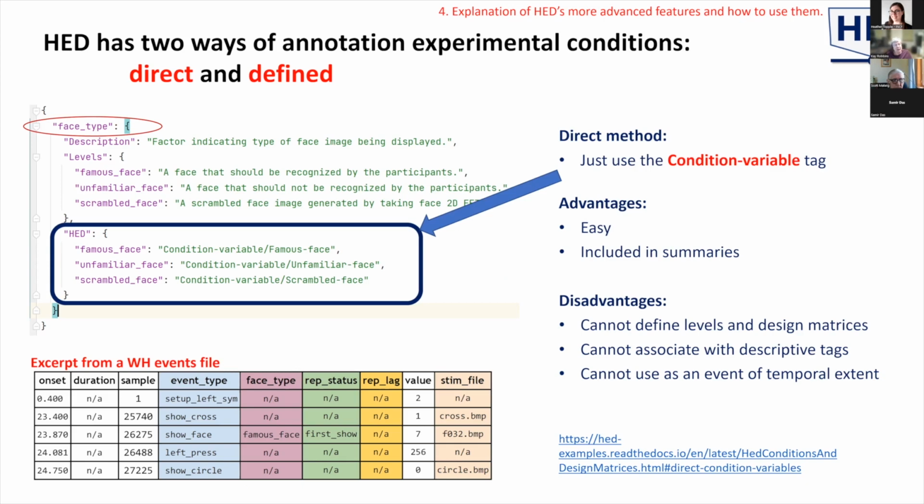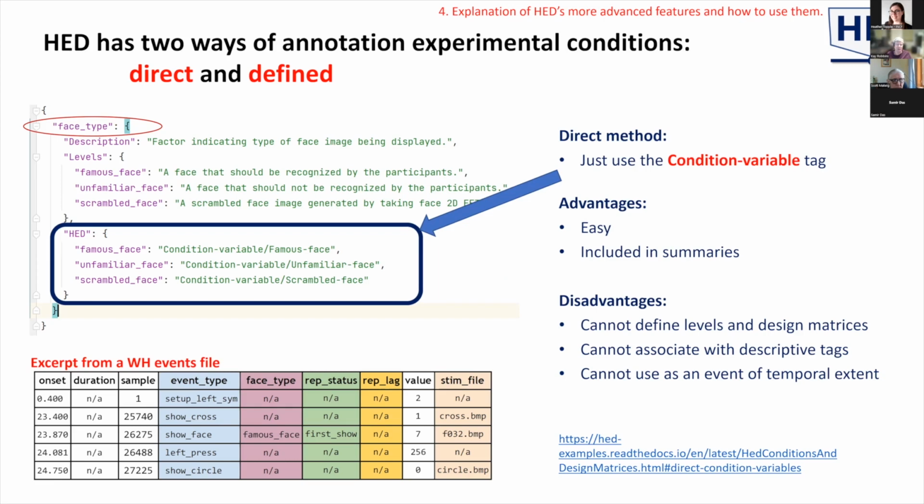The direct way of encoding condition variables is easy, and it is included in the summaries. And you can have the tools, which we have, create factor vectors. So you can get a column with ones where it's there and zeros where it's not. And that's useful for linear modeling. But it has some disadvantages.